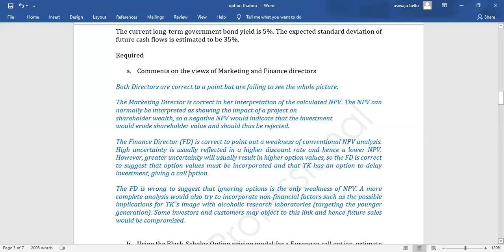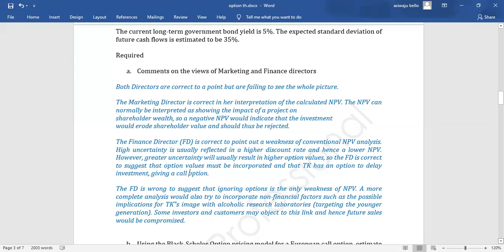A company is trying to develop a new product, an alcoholic beverage drink, and the target market is the young generation. That will have impact on the company's image. You are producing alcohol and you are targeting the youth.